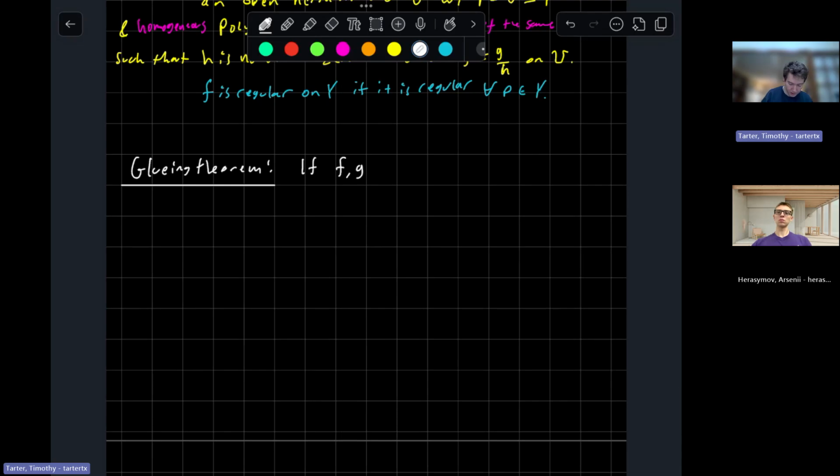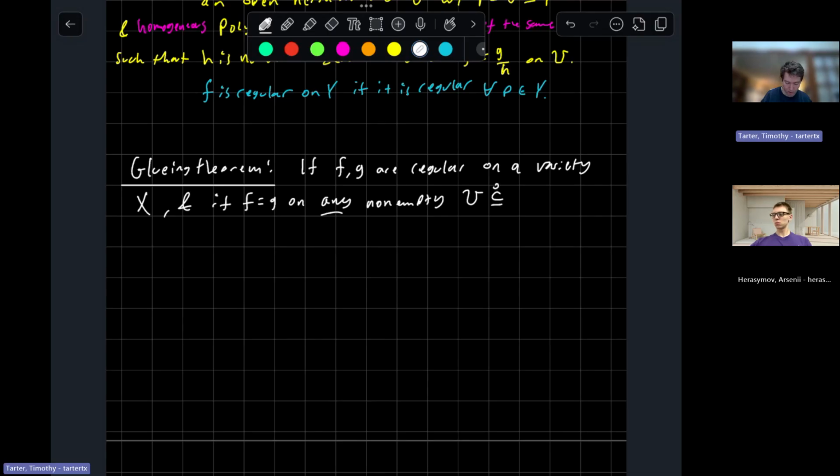If f and g are regular on a variety, any type of variety X, and if f is equal to g on any non-empty U which is open in X, then f is equal to g everywhere.